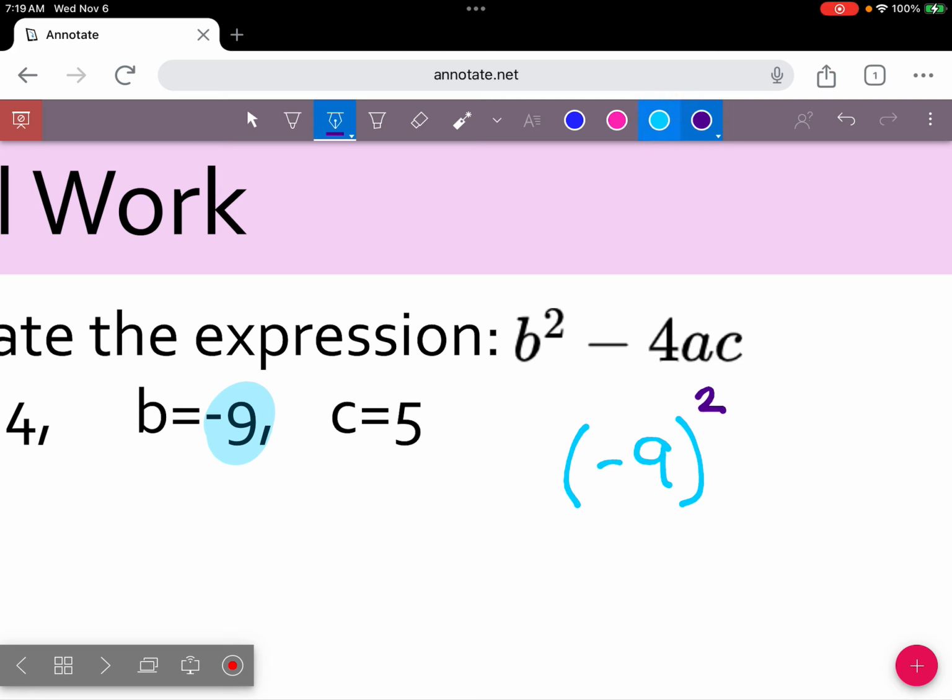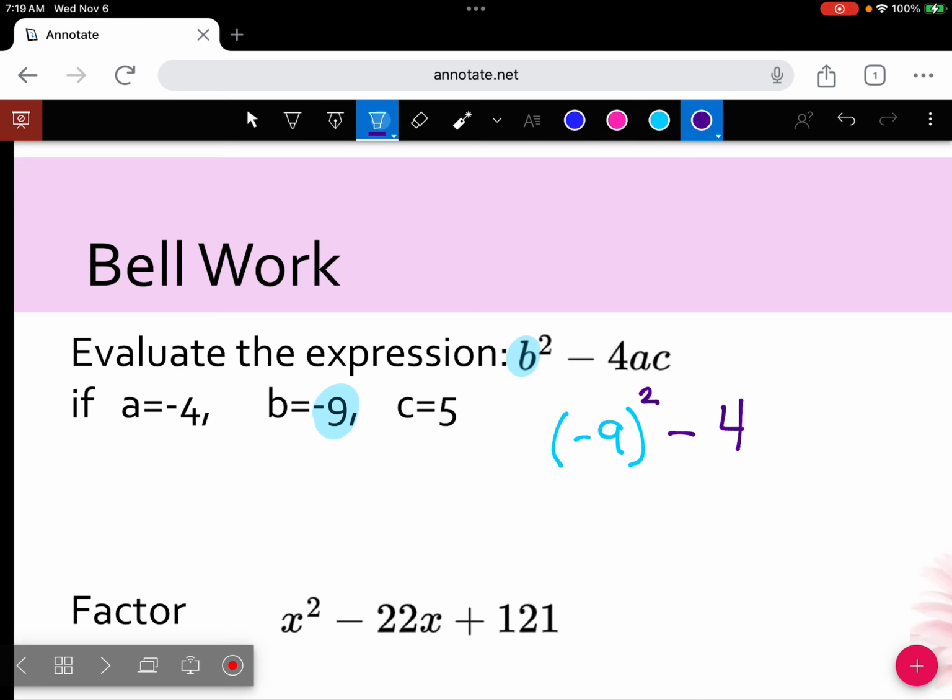That's our B. Then we have -4 times our A, which is a -4. So again, we're going to put it in parentheses, (-4), times our C, which is 5.